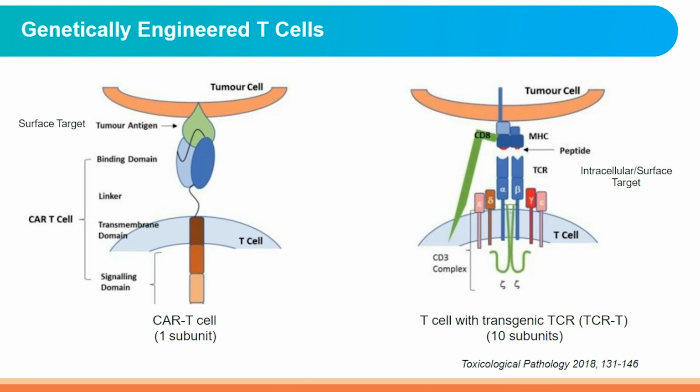The peptide can be processed from intracellular or surface targets. Another big difference is that TCR receptor complex has 10 subunits, and CAR only has one subunit. So there are much more co-receptors in TCR T cells, and the cells are usually less antigen dependent.